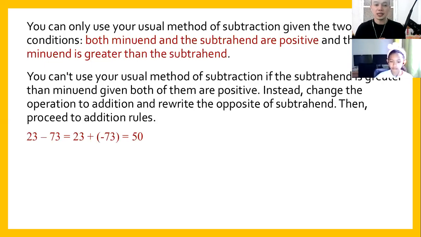As you can see in this example, 23 minus 73. The situation here is that 73 is greater than the first number. So in this case, you have to do the three steps. If you still cannot do the technique I taught you, change subtraction to addition, and then change the opposite of 73: positive 73 will be negative 73.